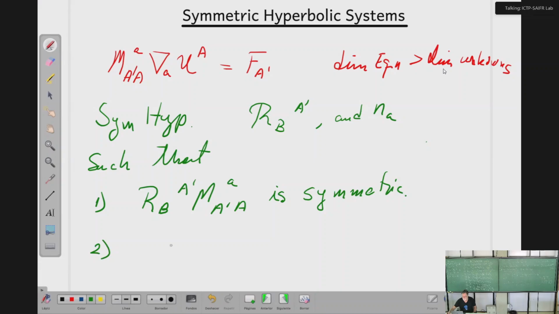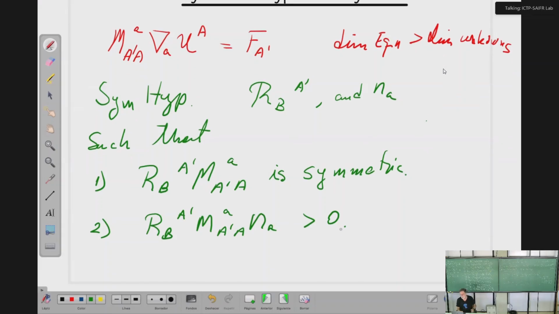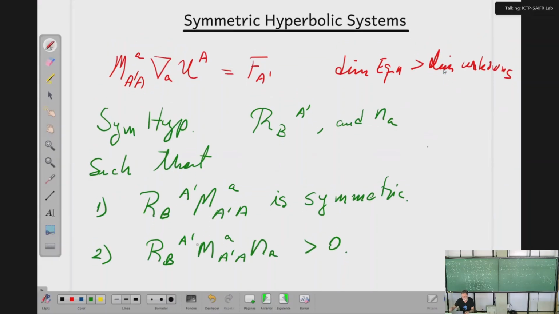And two, this combination contracted with an n_A is positive. And this we call a symmetric hyperbolic system. Let's see some examples of symmetric hyperbolic systems, and then we go to the theory.